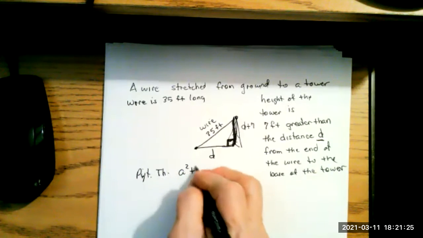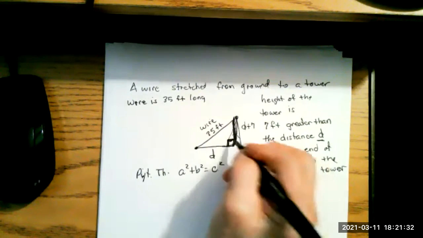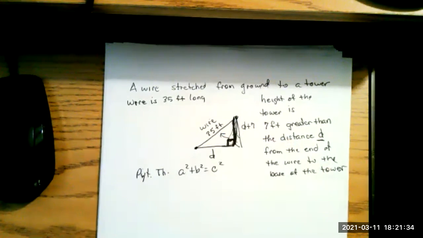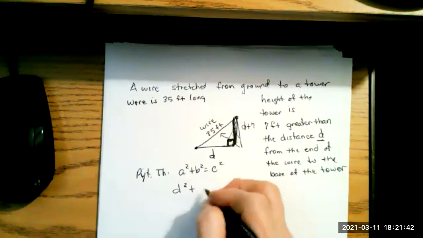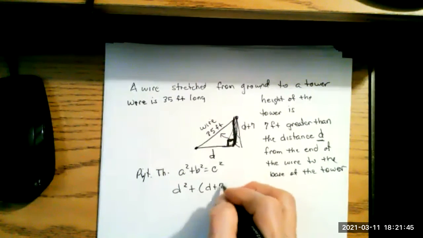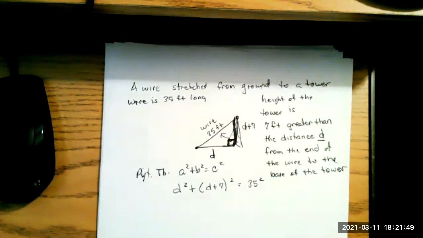A squared plus B squared equals C squared. And C squared has to be the hypotenuse, which is the side this little angle points to. It's the longest side of the right triangle. So I'm going to say D squared plus D plus 7 squared equals 35 squared.